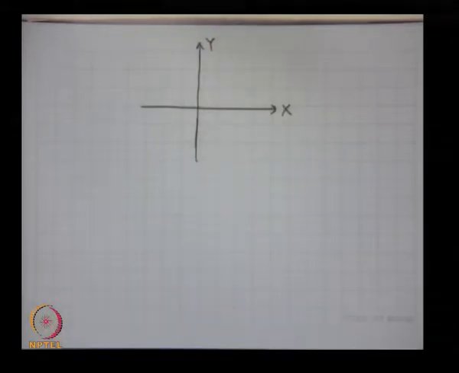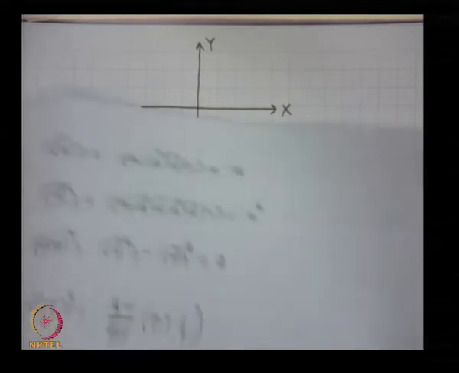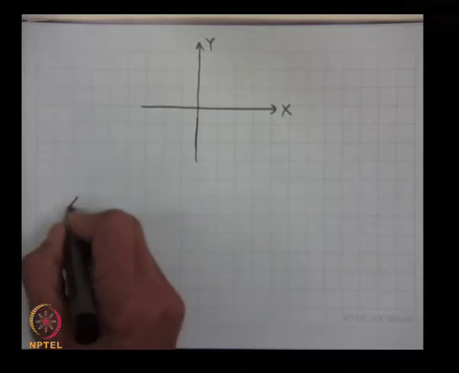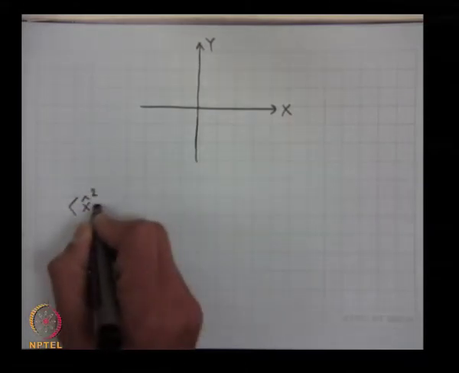This is a pictorial representation of the expectation values of the two quadrature operators. Because it's a plot in terms of x and y, let me calculate the expectation value of x square plus y square first. So let me calculate x square plus y square.